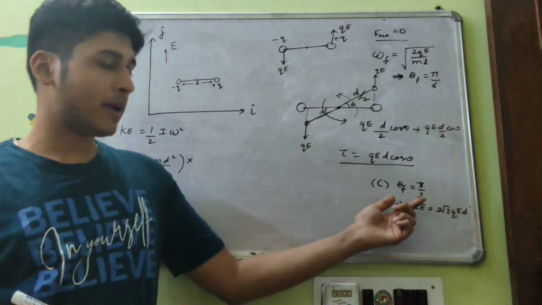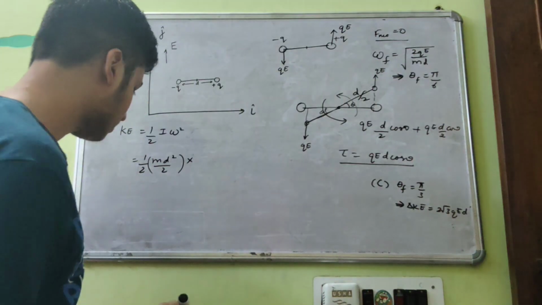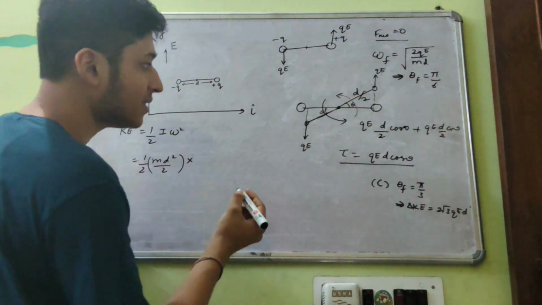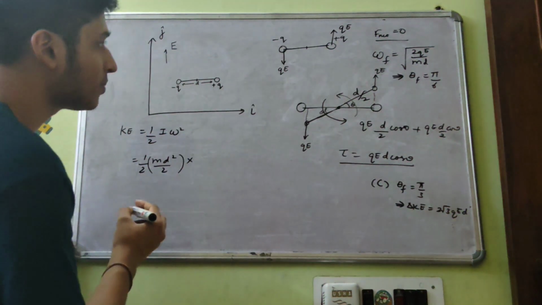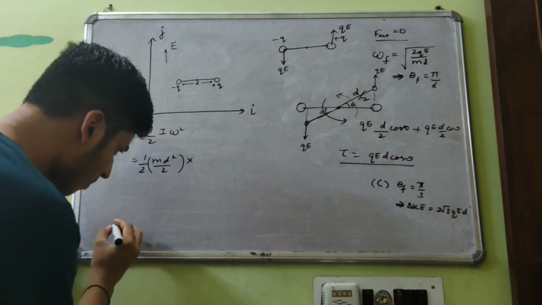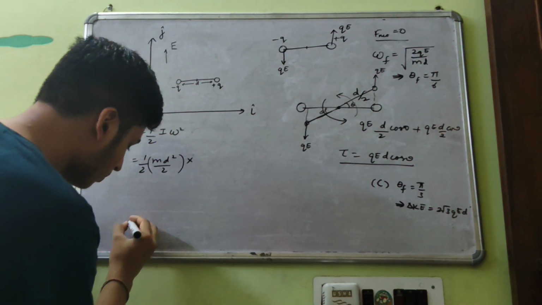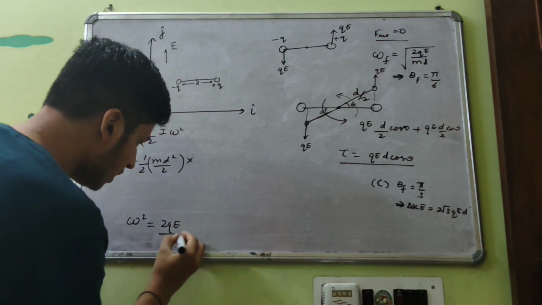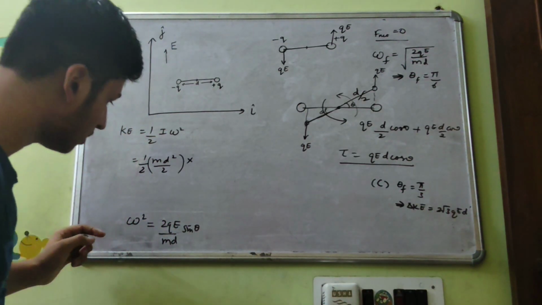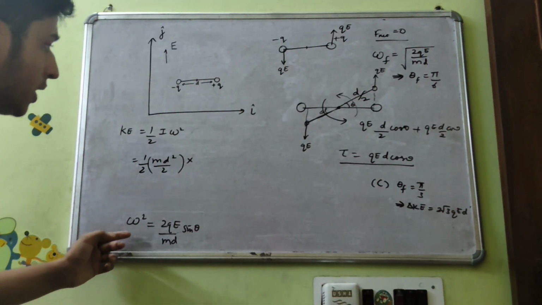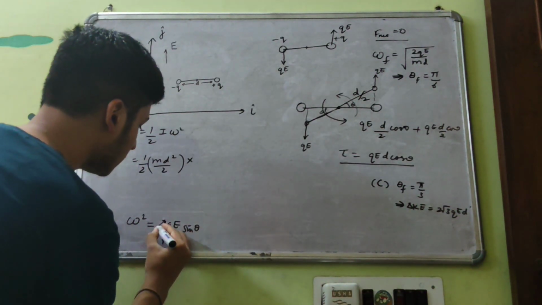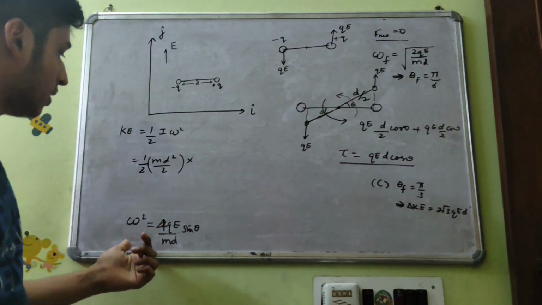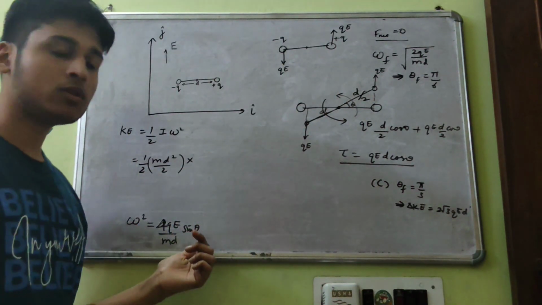If theta f is pi by 3, then what would be omega? What was it? Omega square equals 4 QE by md sin theta, because if we put omega f equal to this, we will get theta equal to 30 degree.